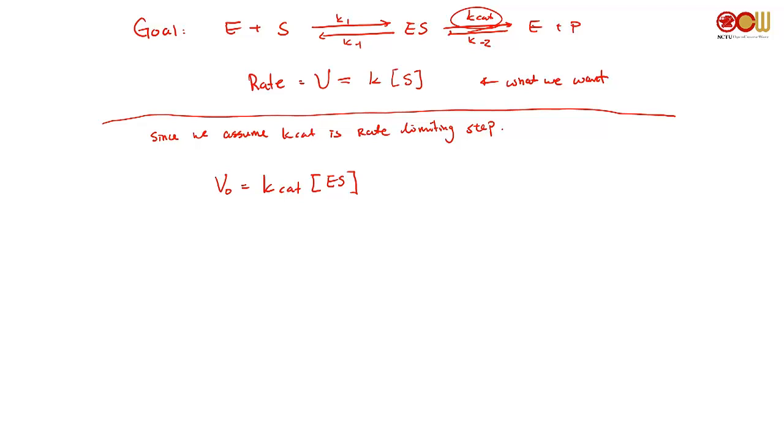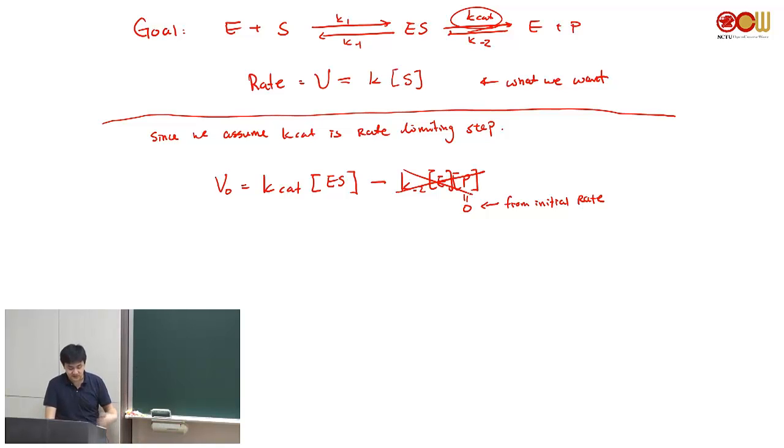Of course, it's going to be k_cat times ES minus k_-2 times E times P. But remember that P is equal to 0, because we're looking at the initial rate. So this term is out. Simply put, we just have a very simple rate: the rate of the reaction is equal to the catalytic constant times ES, the concentration of the ES complex.